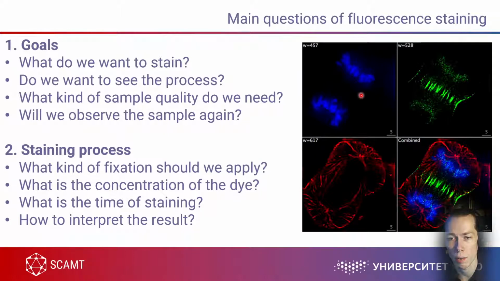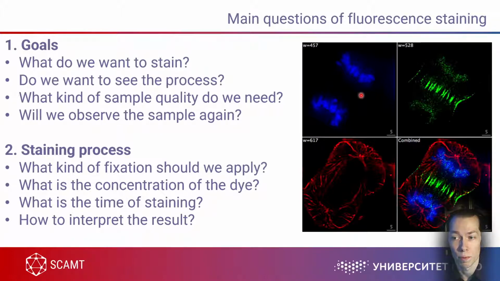And usually when you are just a chemist and you synthesize some nanoparticles and you come to a cell biologist or just a biologist and ask, well, I have some nanoparticles, I need to add them to cells and I need some fluorescent staining to see what happens.